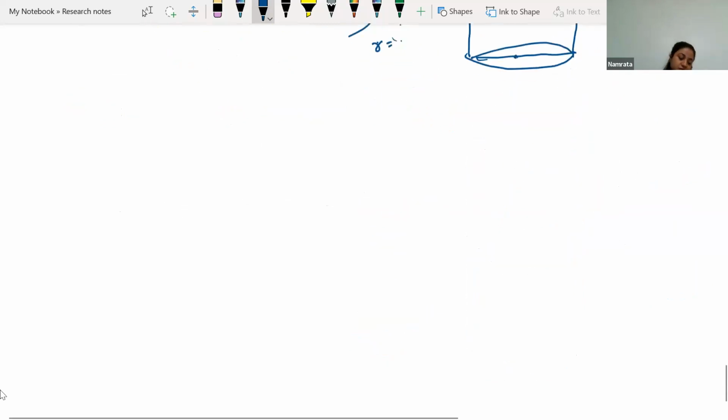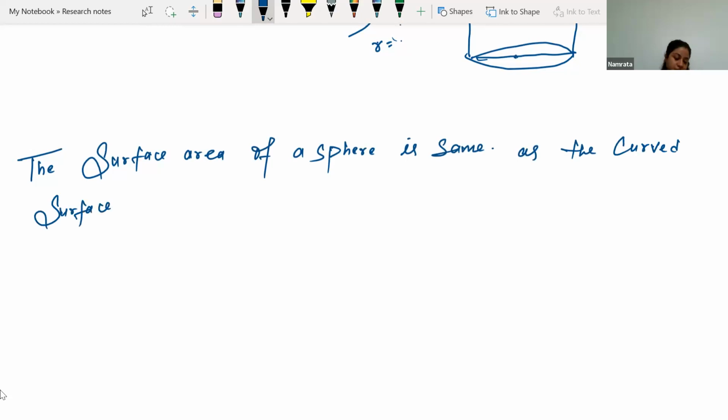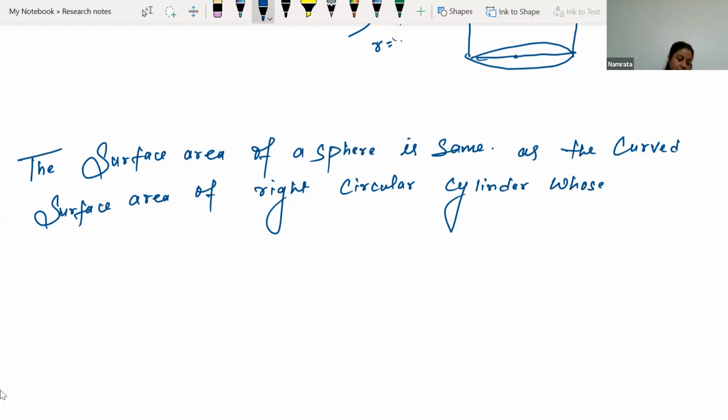Let's move to the next question. The surface area of a sphere is same as the curved surface area of a right circular cylinder whose height and diameter are 12 centimeter each.